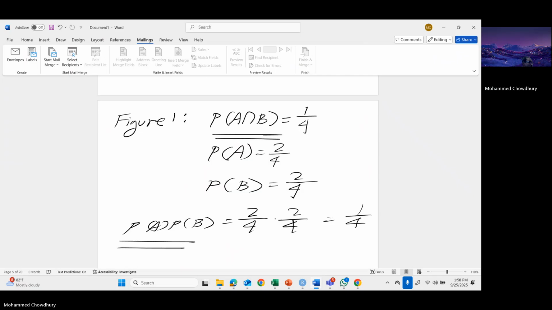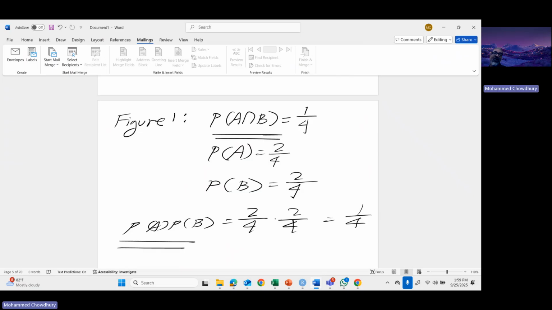So that means in figure 1, the two events A and B are independent. Clear, right? The probability of A and B equals the probability of A times the probability of B. Got it?